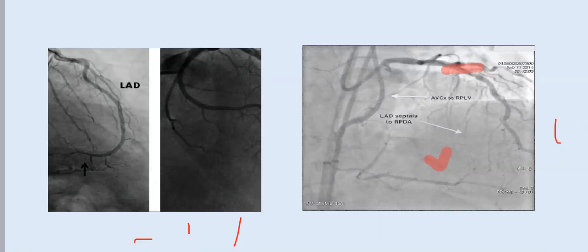So when it gets blocked, we have an extensive anterior as well as inferior, like the one I'm showing you here. Large LAD wrapping around the apex. Or I might have an LAD which is supplying a totally occluded RCA by collaterals. So when we have an acute obstruction in the LAD, we lose the collateral, we lose the RCA as well. So you have anterior and inferior MI simultaneously, okay?